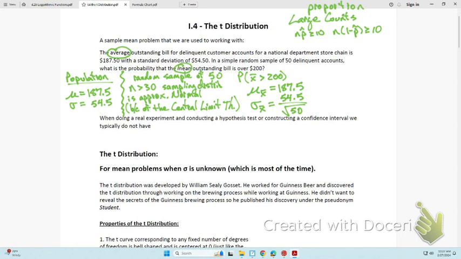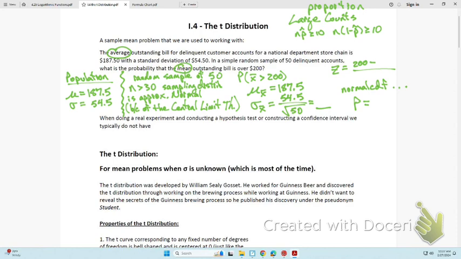If you're mixed up, it's on the formula chart under sampling distributions. So we would get that standard deviation right there. You'd go get the z-score of 200. Then you'd use normal CDF. And after all that, you get a final probability. So we've done that many times before.